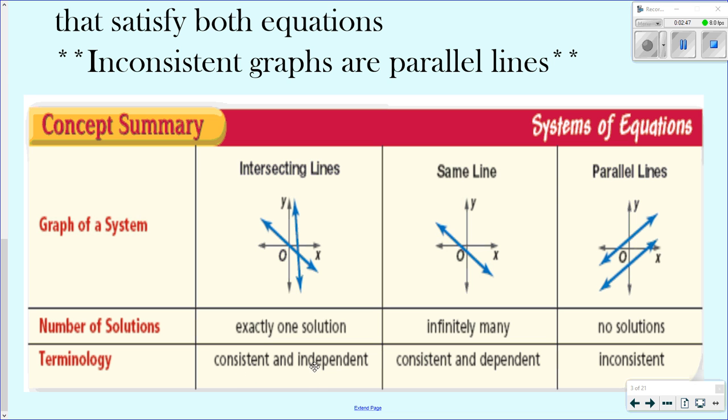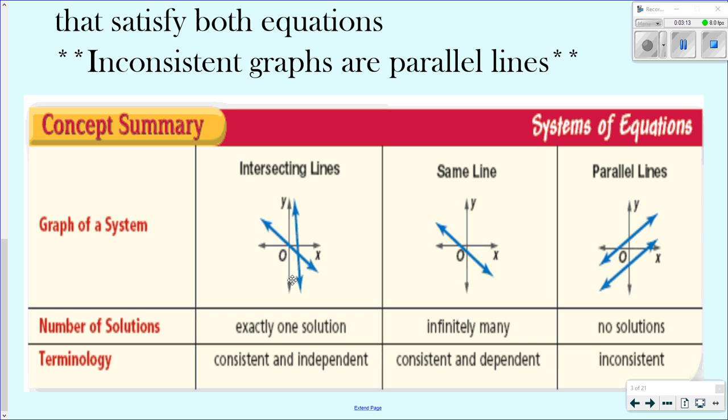In order to remember and understand what is going on, you have two lines. They're doing their own independent things, going in their own directions. But they're consistent, meaning that they are going to share a certain point. They're going to share a certain view that will make them consistent. Think about you and your friend doing your own thing. You have your own personalities.